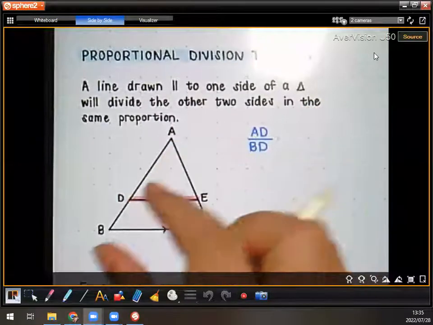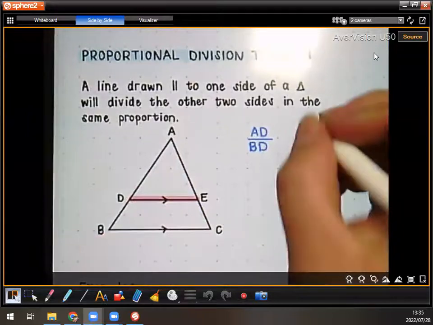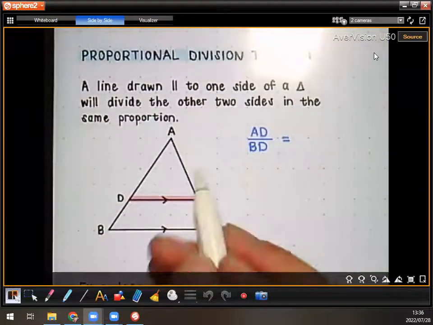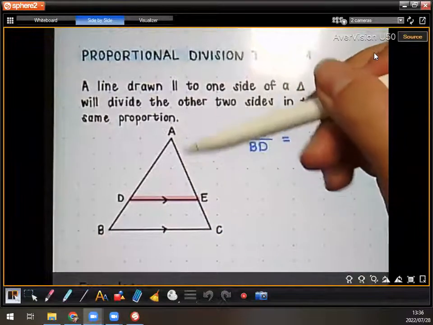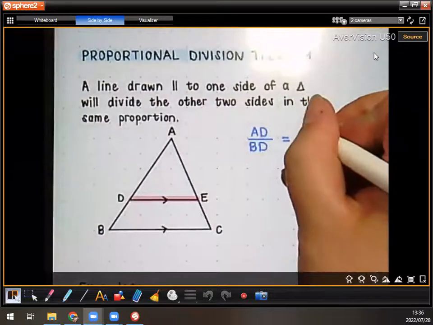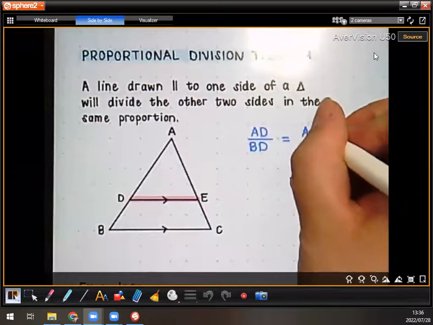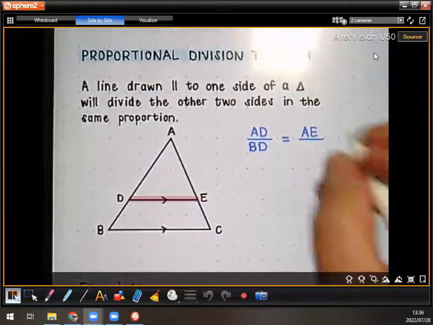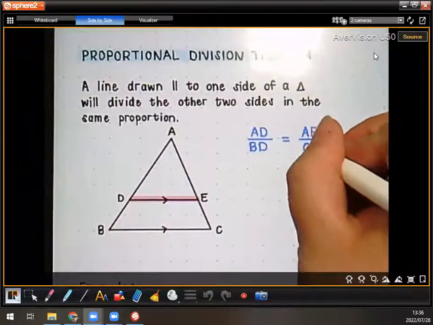That bigger section over the smaller part is equal to, since it's divided in the same proportion, AE, again the bigger part of the other side, over the smaller part of that same side.